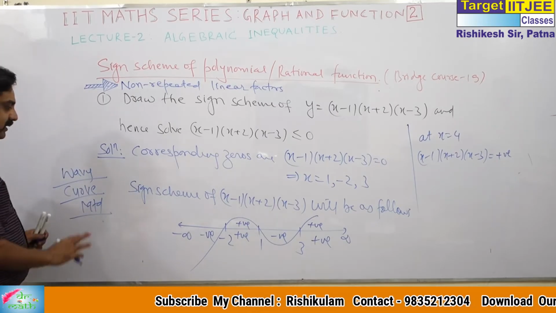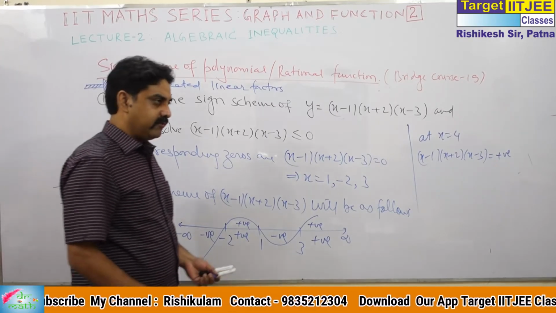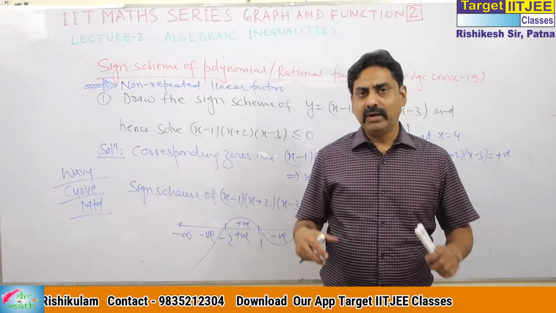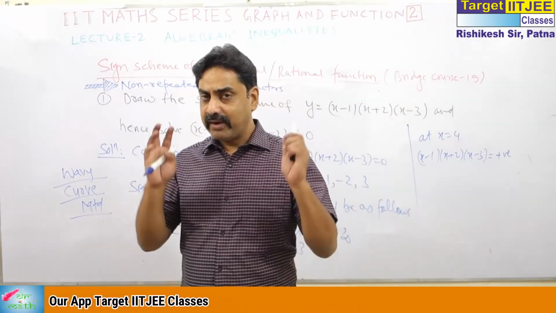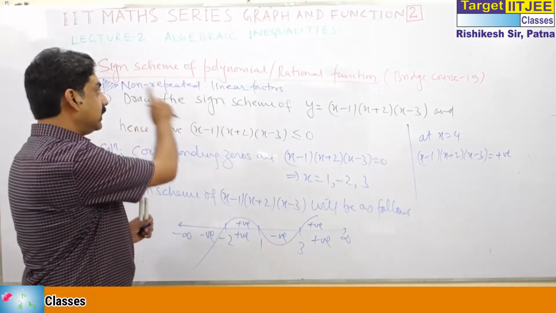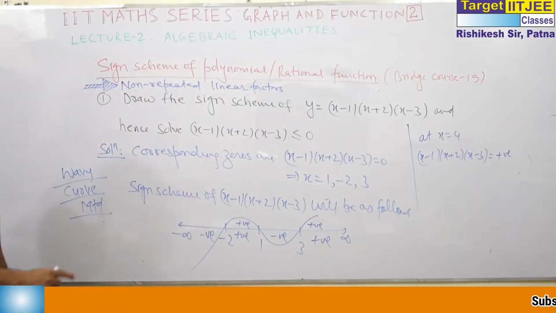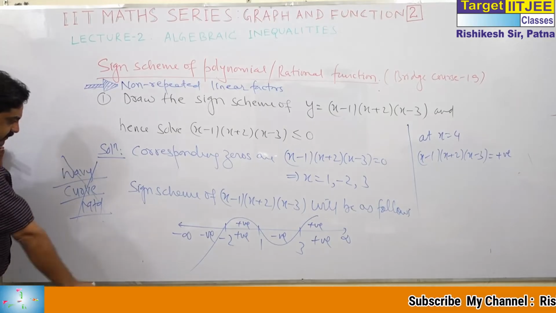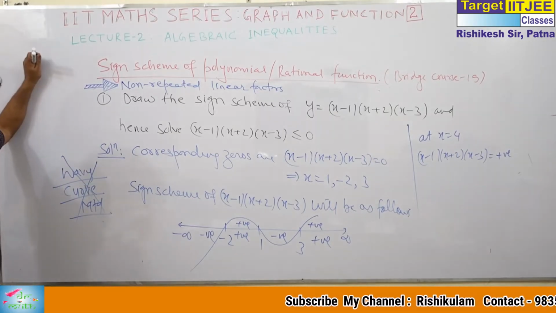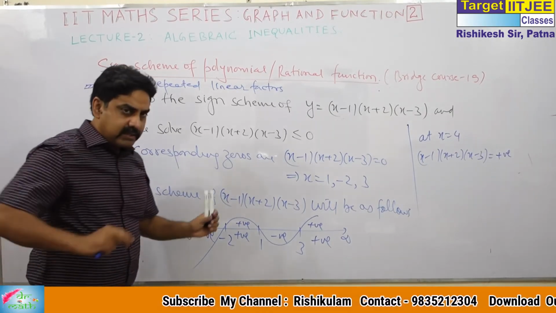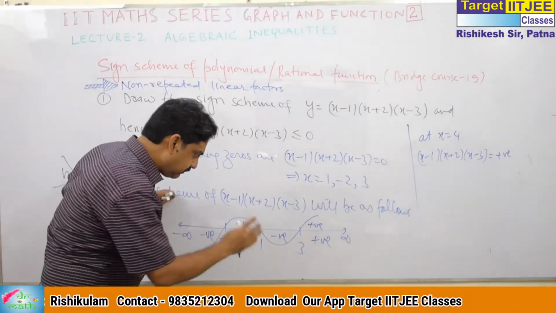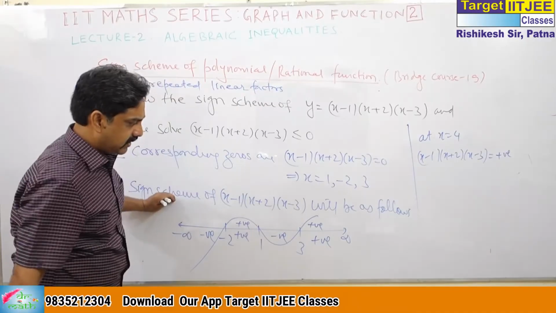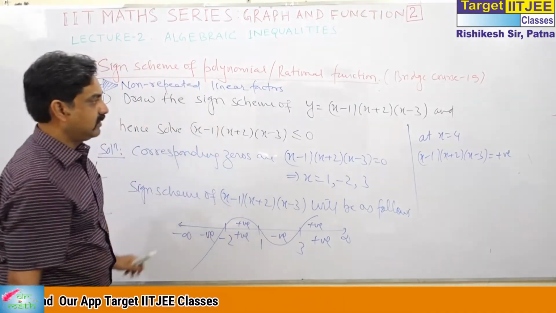Because from the name wavy curve method, you do not know what we are going to do. The name should reflect the property. The correct name is sign scheme of polynomial, so I will not use the other. Just to make a figure in mind, we do like this, but normally I write positive, negative, positive, negative.